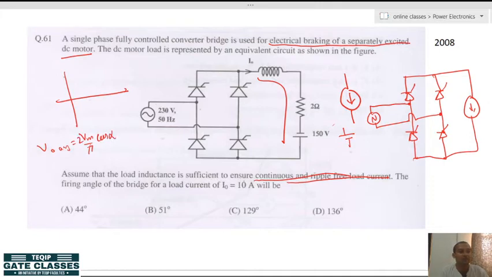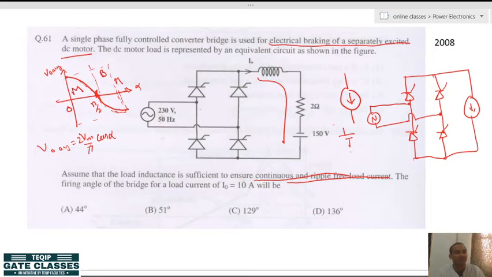It means the average output voltage varies with respect to alpha like a cosine wave, where this is 0, this is pi by 2 and this is pi. After pi by 2, the average output voltage becomes negative. It means before pi by 2 motoring mode is there, and after pi by 2 braking mode is there.